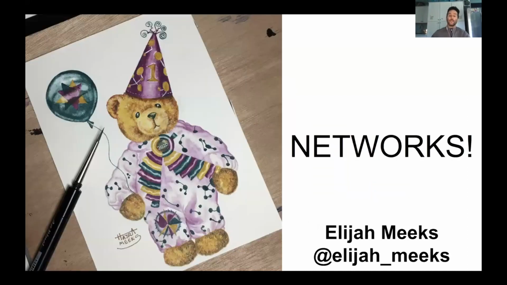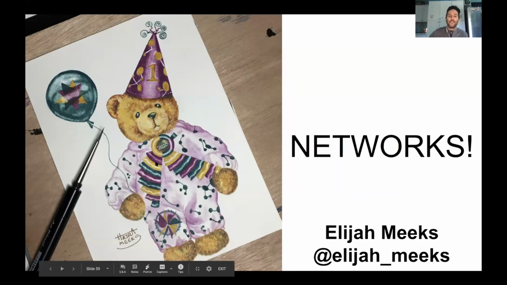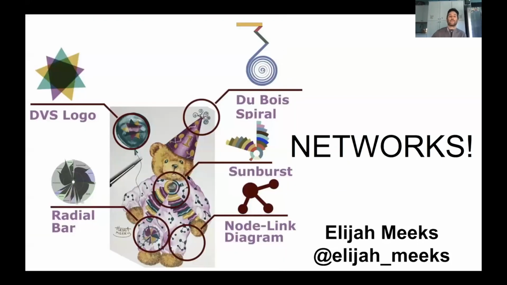So that's a lot. It's a lot of networks. And now we're back to the bear. Maybe as you look at that bear, you realize that he wasn't just wearing silly pajamas. The bear was wearing an outfit full of network diagrams. Not only all of these node-link diagrams, which are all over, but also this diagram here, which is a sunburst.